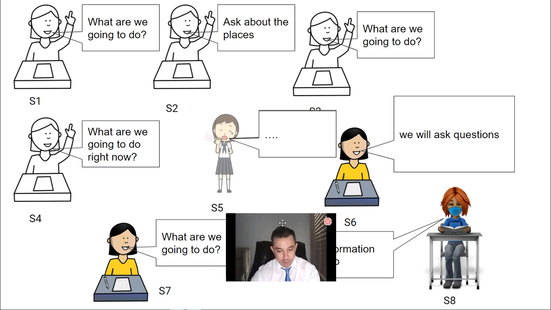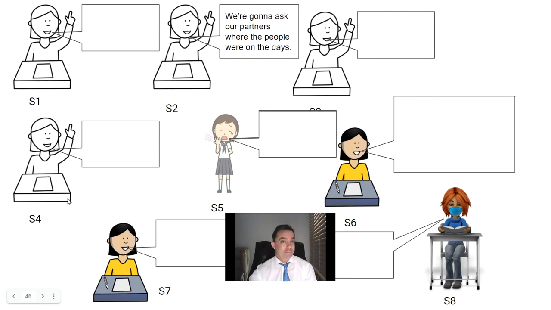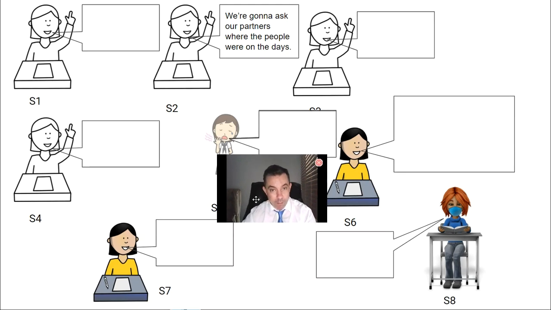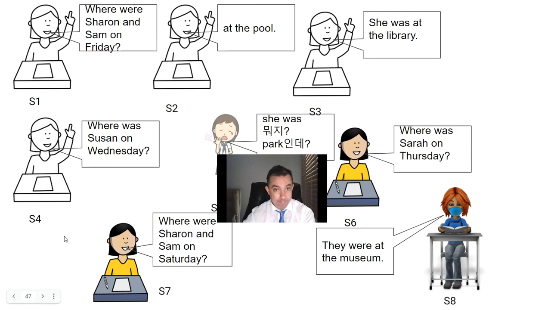S5, that's okay. S2, what are we going to do right now? We're going to ask our partners where the people were on the days. Very, very good. Everybody, thank you for asking your partners what we're going to do.